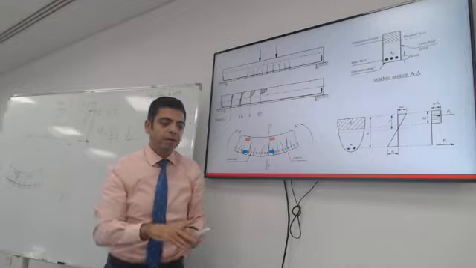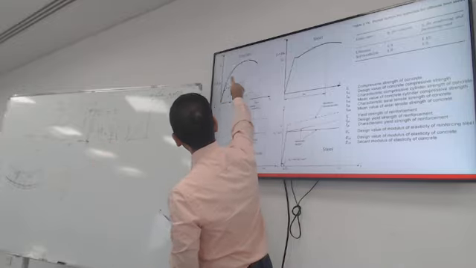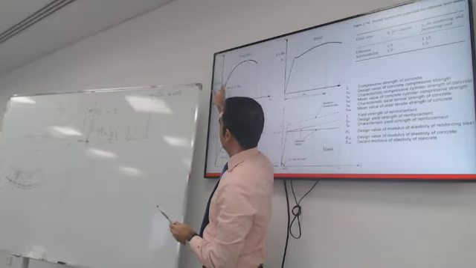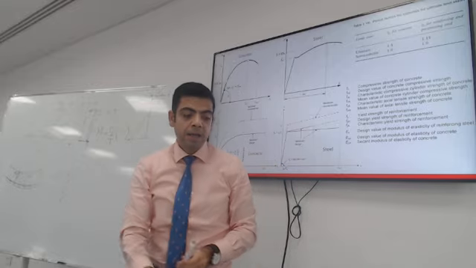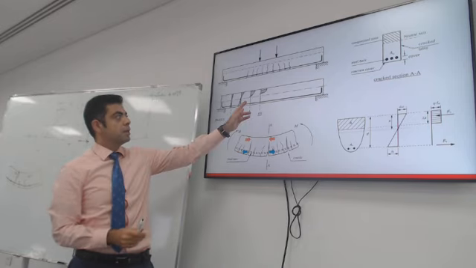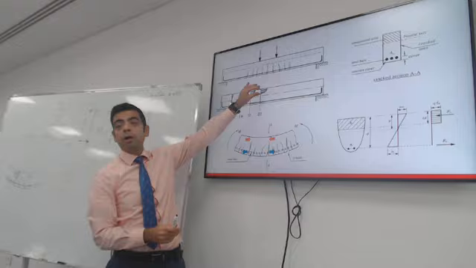Do you remember that curve that we talked about? Do you see that shape? When you have very low stress, it's almost linear, and then at very high stress, it's curved. And this is exactly how the compression stresses look in the concrete.